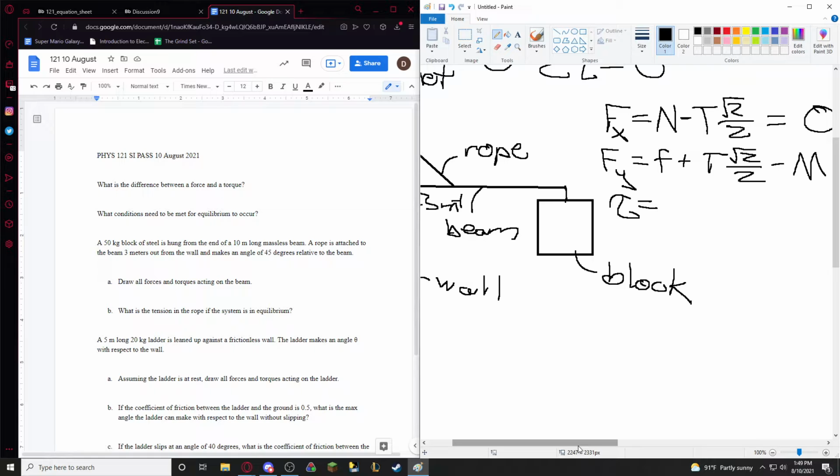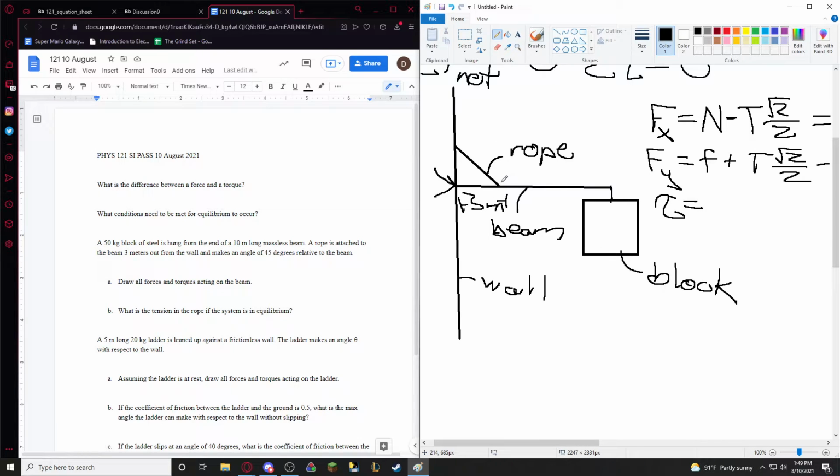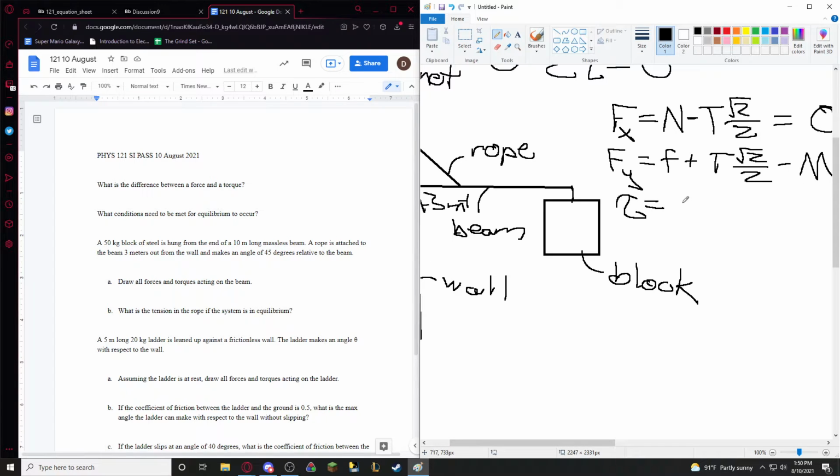Tension, sure thing. And what would the torque be from the tension? Counterclockwise would be positive, right? Positive. So it would be positive 3 times the tension force times sine of theta.